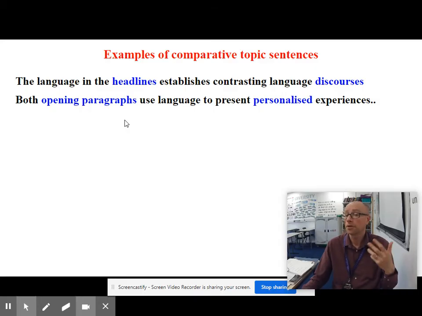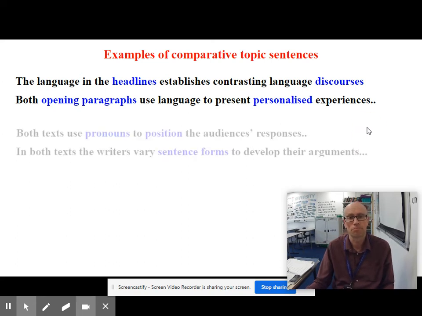Second example: both opening paragraphs use language to present personalized experiences. Well, there you go, because those articles have to engage you by having a really interesting opening. Otherwise, you're not going to be tempted to read the rest of it in the real world. So what's going on in the opening paragraphs? Well, that topic sentence is suggesting that the writers are drawing upon anecdotal, personalized experiences.